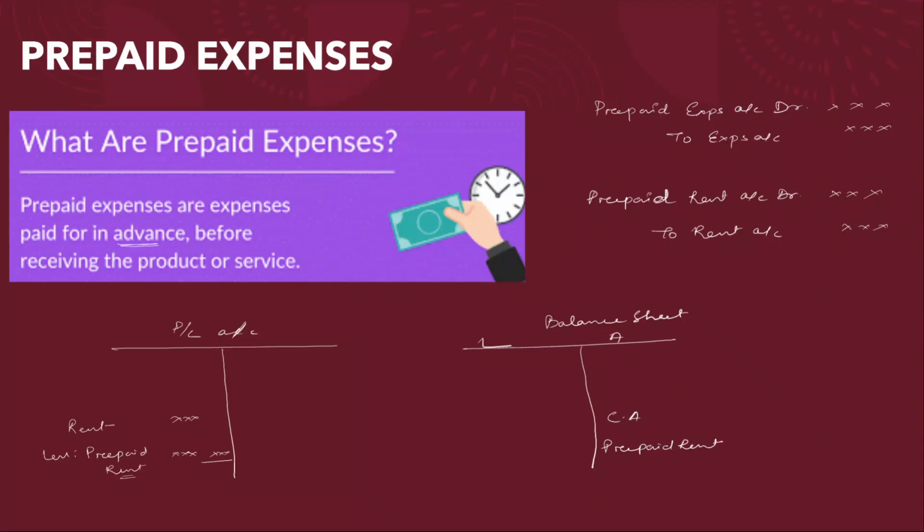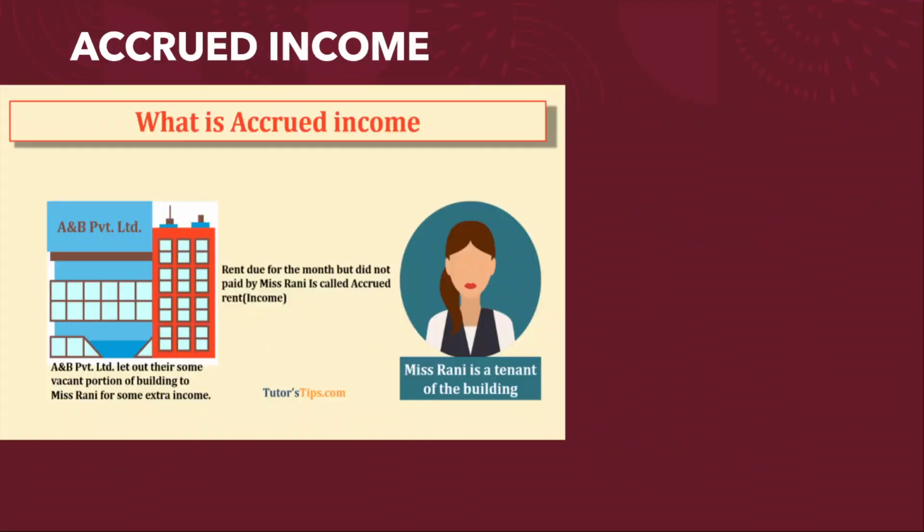Before enjoying the service of the building which I have taken on rent, one year before only, in advance I have paid that rent. So it becomes my asset. So on the asset side, I will write it as prepaid rent under current assets.